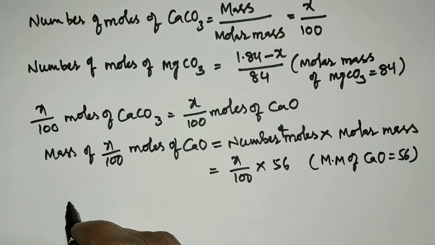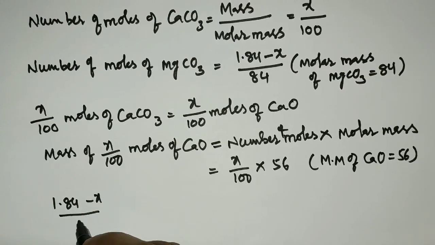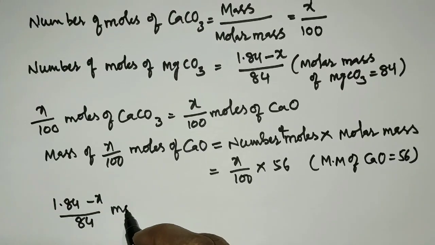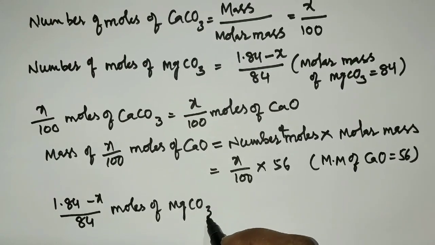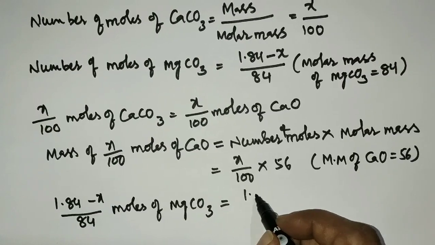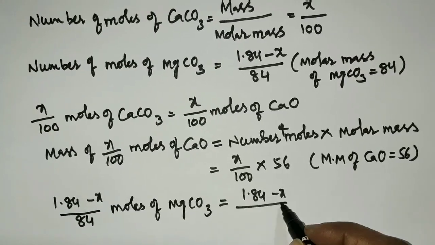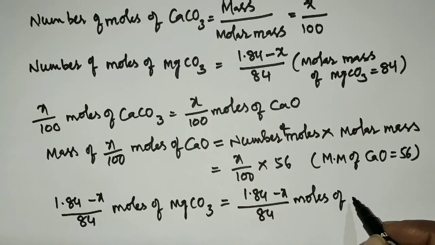In the same way, 1.84 minus x divided by 84 moles of MgCO3 will give you the same moles of MgO. 1.84 minus x divided by 84 moles of MgO.